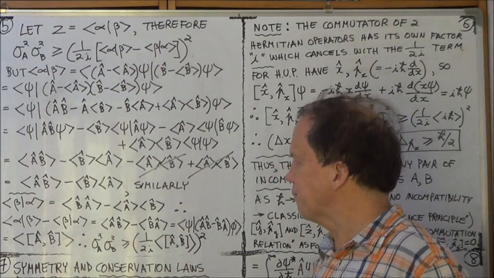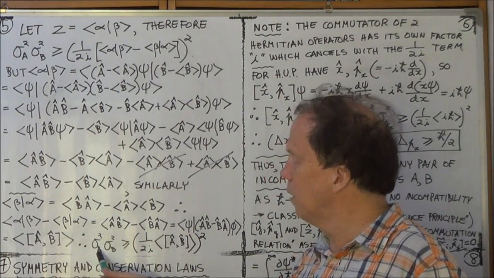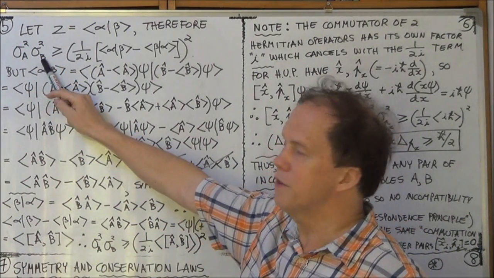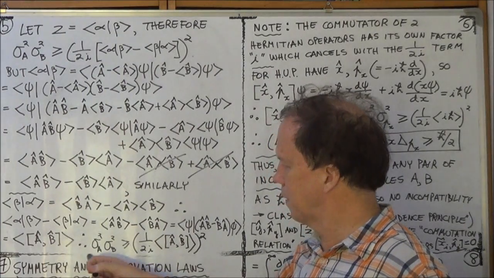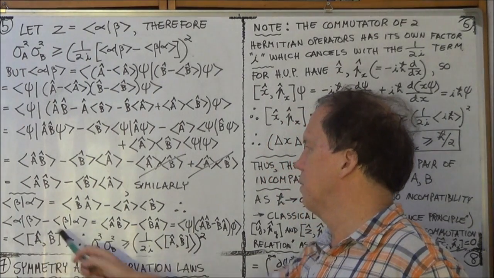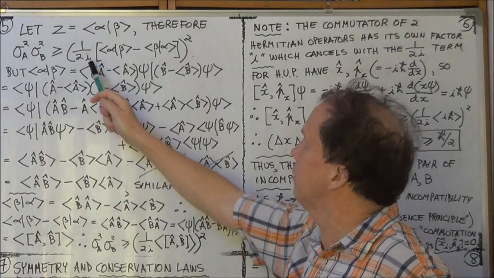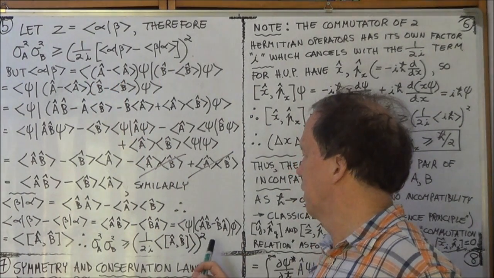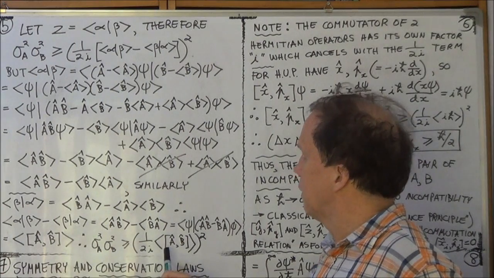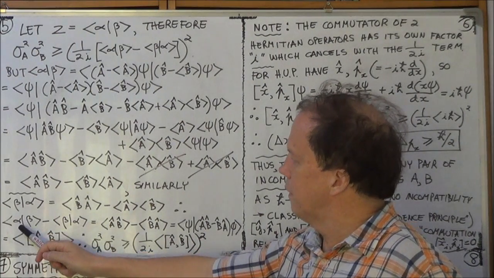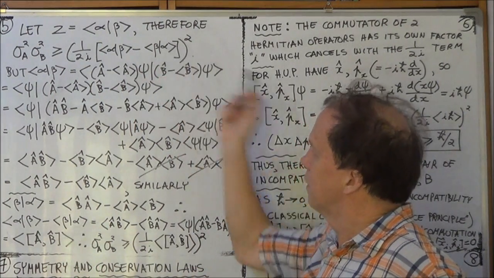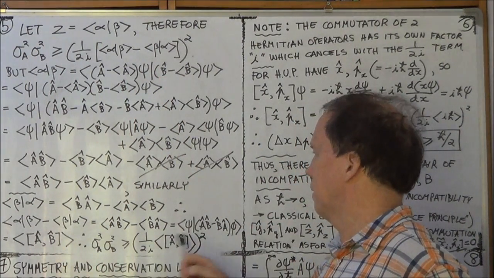Well, there it is. So therefore, I'm going to go way back up. So the variance of A times the variance of B here, okay, is greater or equal to 1 over 2i of this, the whole thing all squared. Okay, so bracket alpha beta minus bracket beta alpha, which is this, is just this.